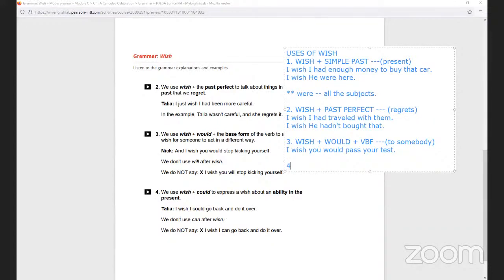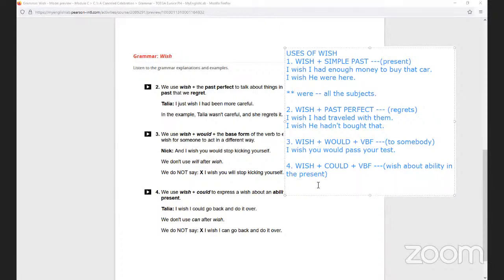So number 4, when we talk about abilities, we're going to use could, never can. Okay, could plus verb in base form. So this we're going to use in order to express a wish about ability, but ability in the present, always.